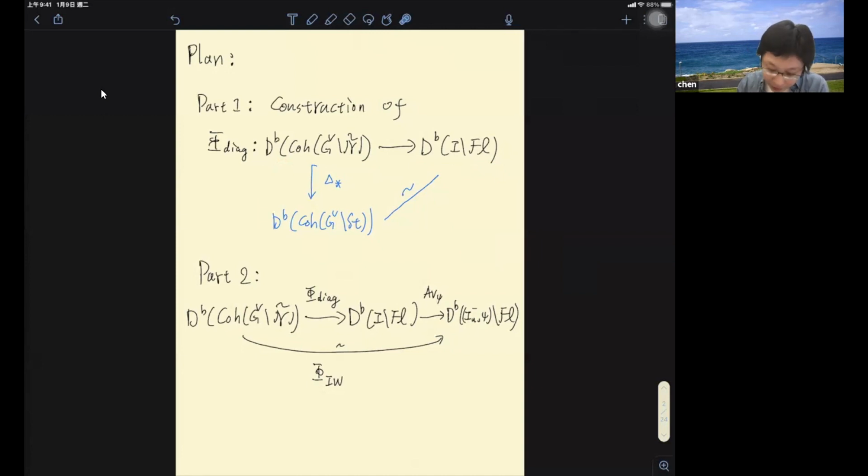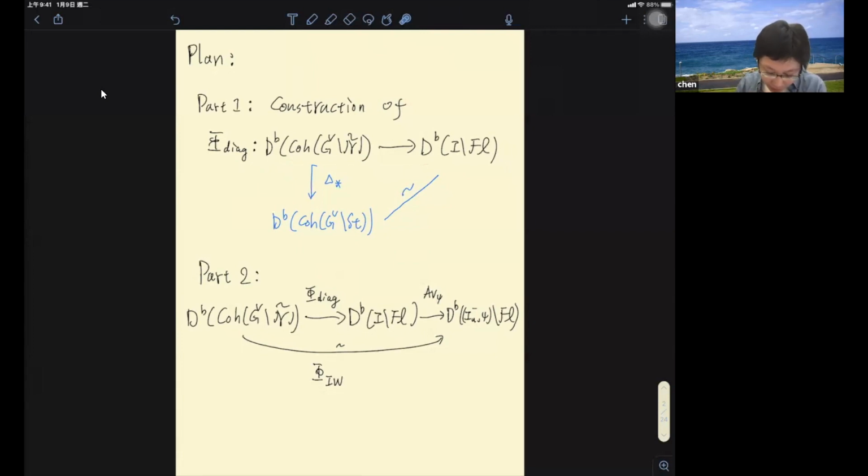Later we will see that this functor is isomorphic to the composition of delta star, induced by the closed diagonal embedding of the Springer resolution into the Steinberg variety, and then composed with the two realization equivalence. But today we will just construct this functor. That will be the goal for the first part.